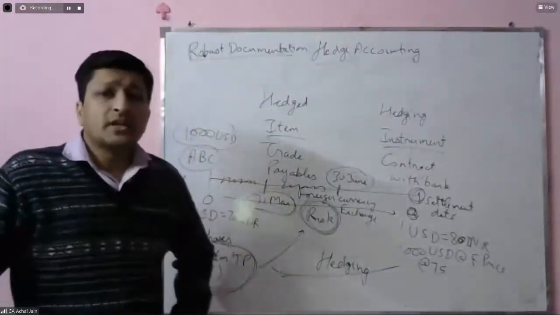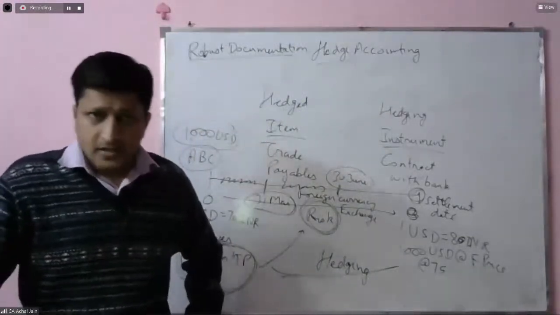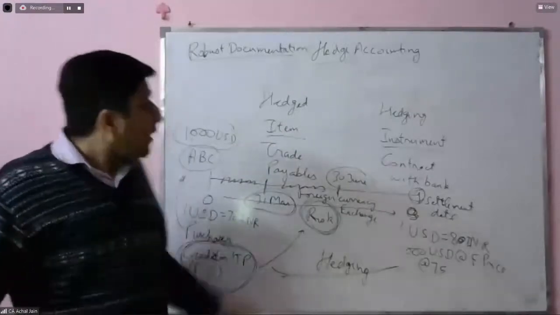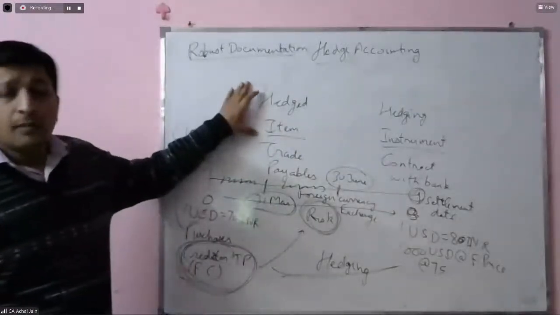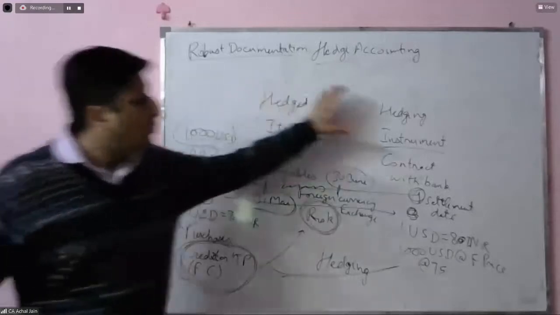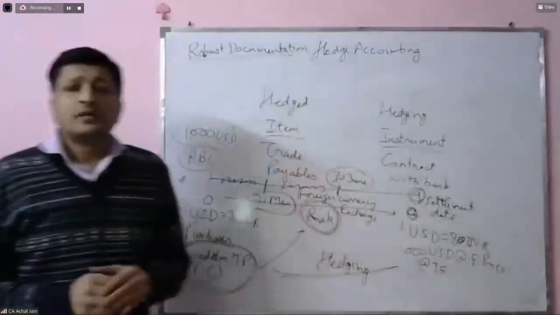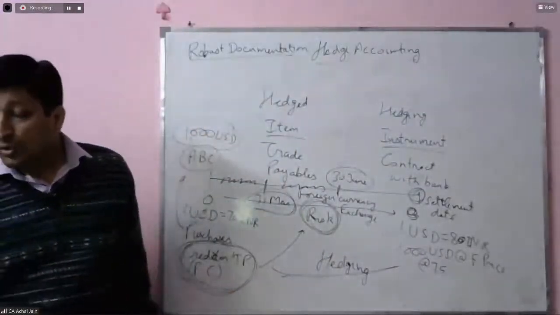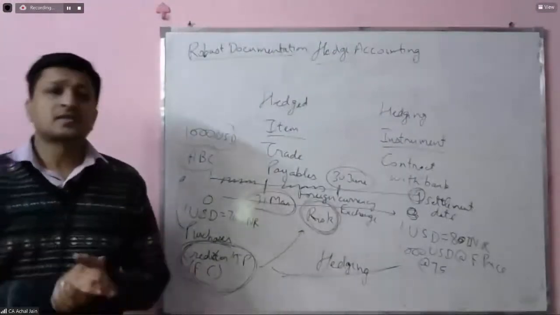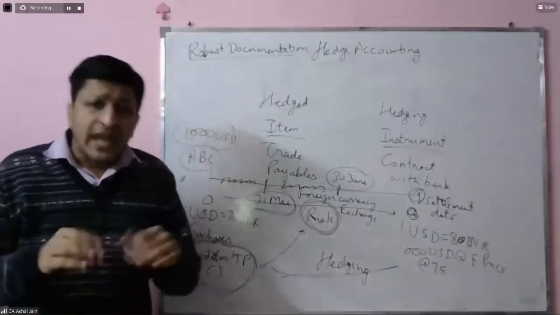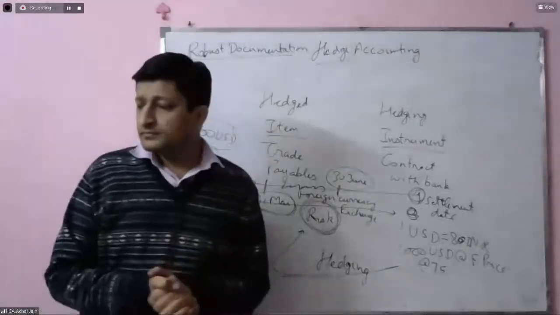Robust documentation is required in various aspects: about the hedging, about the hedged item, about the hedging instrument. Then it is also required to assess whether the hedge will be effective or not.